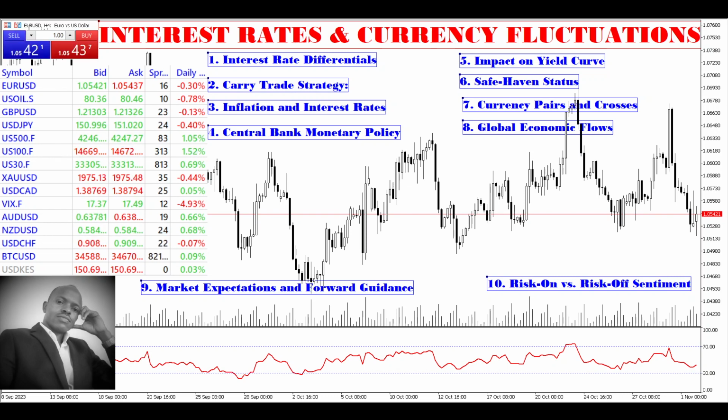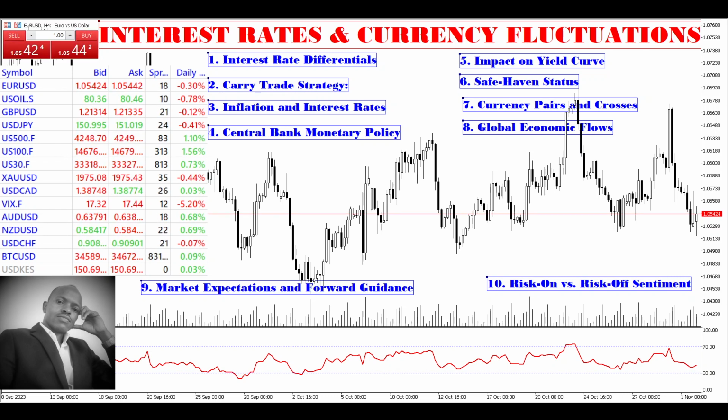So the first element we'll be looking at is interest rate differentials. We see that one of the most direct ways interest rates influence currencies is through interest rate differentials. Typically, when a country's central bank raises interest rates, it usually attracts foreign capital seeking higher yields.